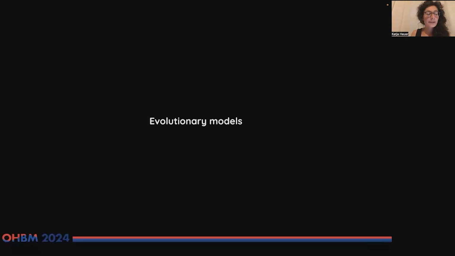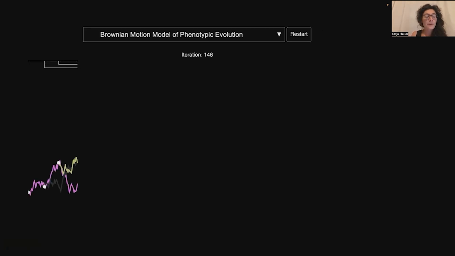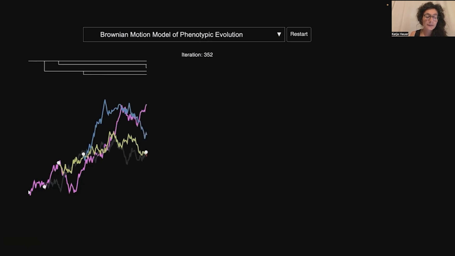And phylogenetic comparative methods use such phylogenies to build and test different models of phenotypic trait evolution. And the three most common models are the Brownian motion model, the Ornstein-Uhlenbeck model, and the early burst model. So the Brownian motion model is one of the simplest models of evolutionary change.